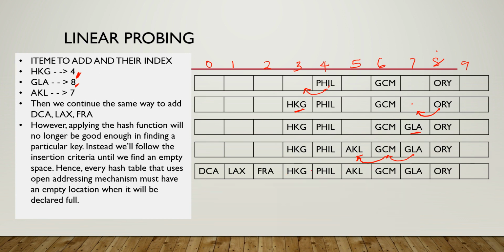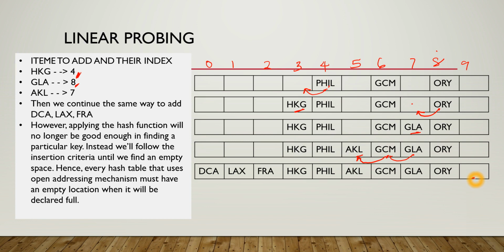And when you look at this, you will notice that we actually do not have space to waste here. Every hash table that uses the open addressing mechanism must have an empty location when it is declared full, so that at insertion, when you see an empty location, you know that you have come to the end of the table and there is nothing else to insert.